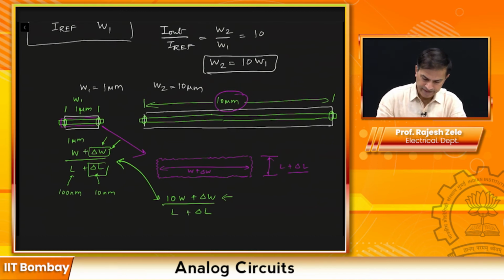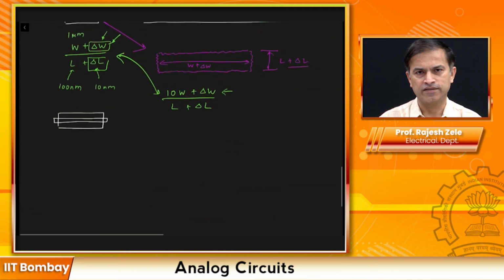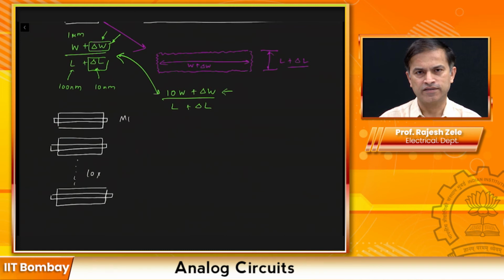So a better way to do this would be, you have a single transistor, and then you have 10 other transistors, which I'm not going to draw right now. So you will keep doing this 10 times, and you will have 10 transistors. This is your M1, and this would be your M2 1 to M2 10.